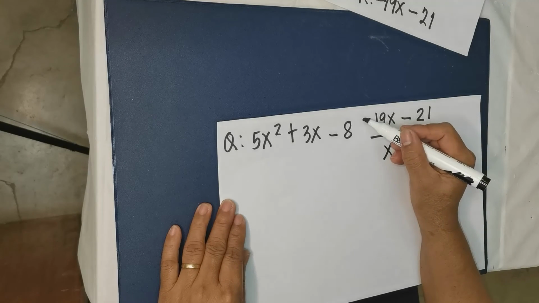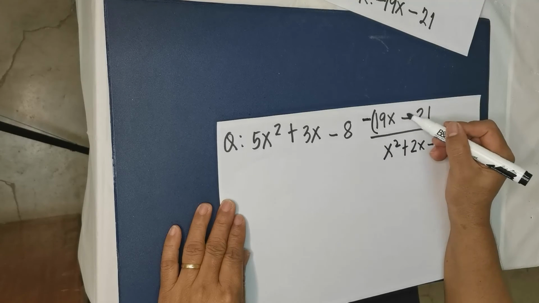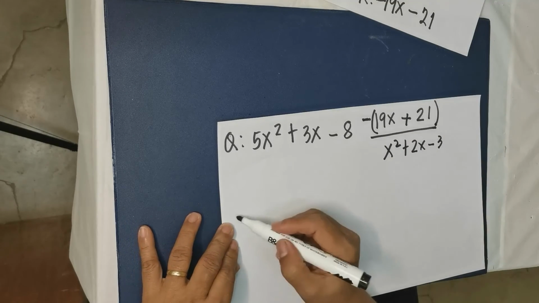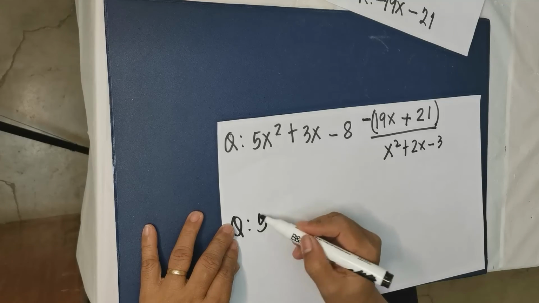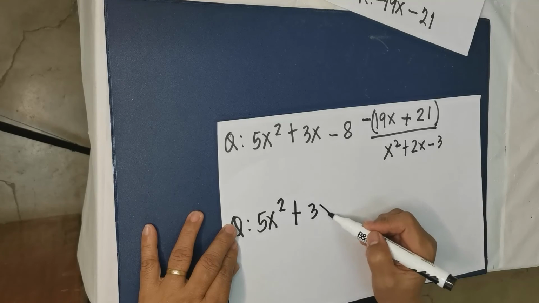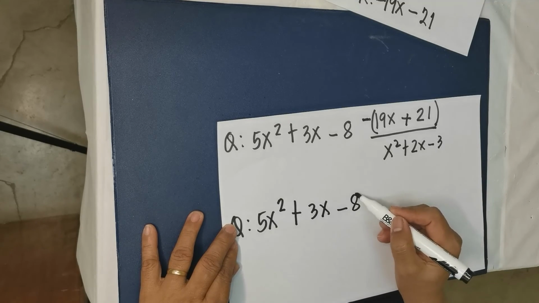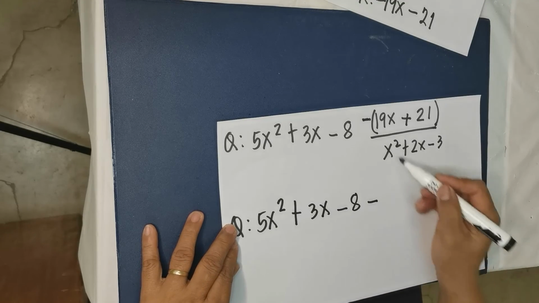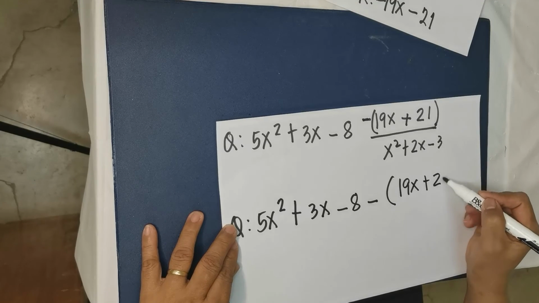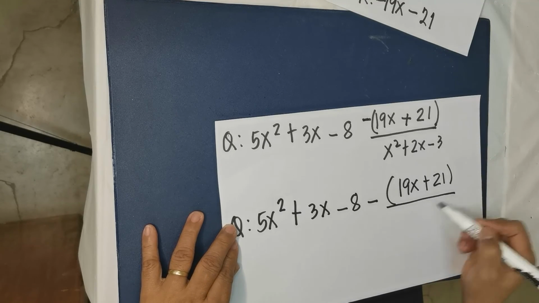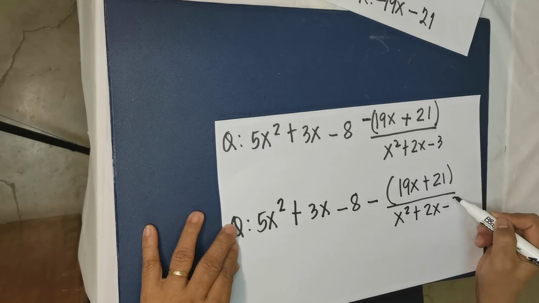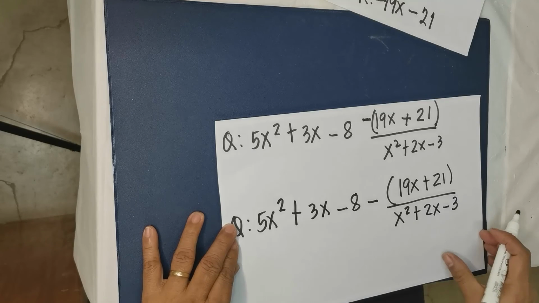But take note, if this is your minus, this would change now, becomes positive. So, I will write it further so that you could see it clearly. So, that would be 5x squared plus 3x minus 8 minus, okay, your 19x plus 21 all over x squared plus 2x minus 3. Okay?